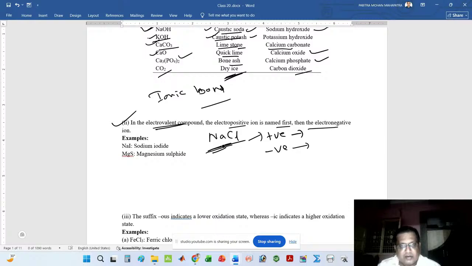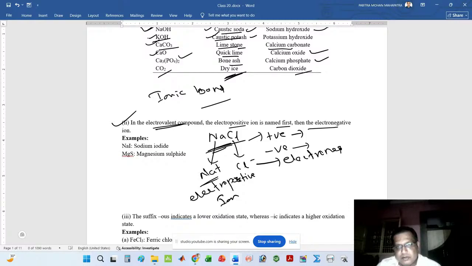In NaCl, sodium carries the Na+ ion and chlorine carries the Cl- ion. So here Na+ is the electropositive ion, but Cl- is called the electronegative ion, that is, the electronegative radical.